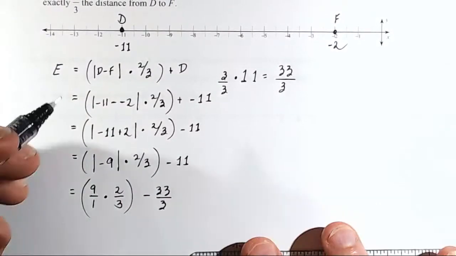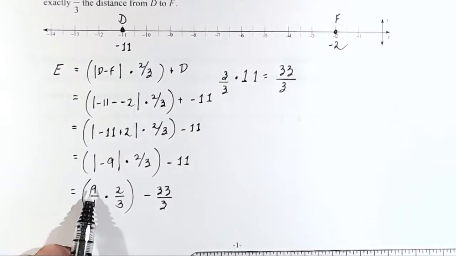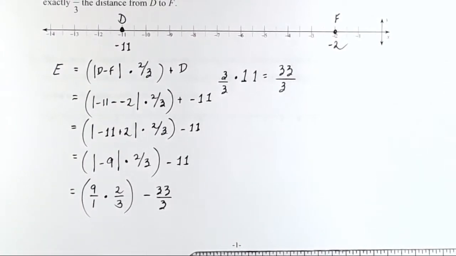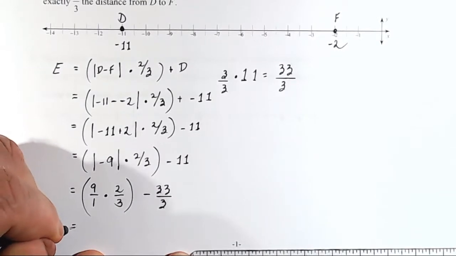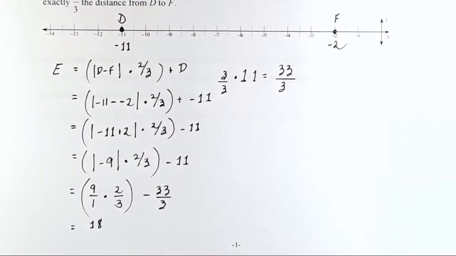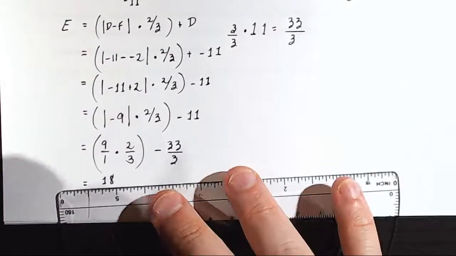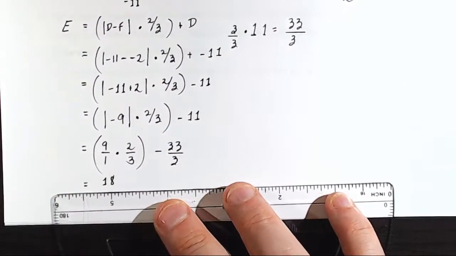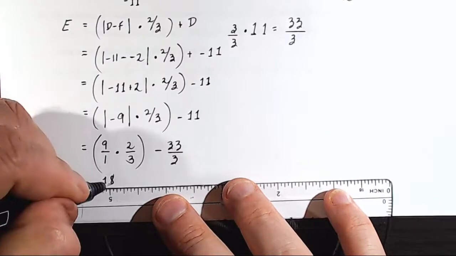All right, so we can actually multiply across the top here. 9 times 2 is 18, and 1 times 3 is 3. I see now that I could have simplified the fraction even further by canceling the 9 and the 3, but it doesn't matter.